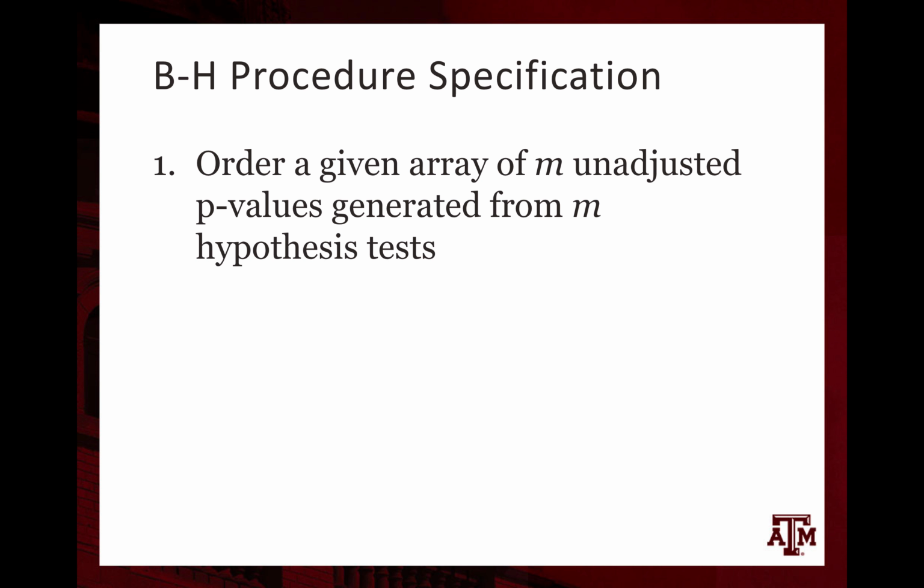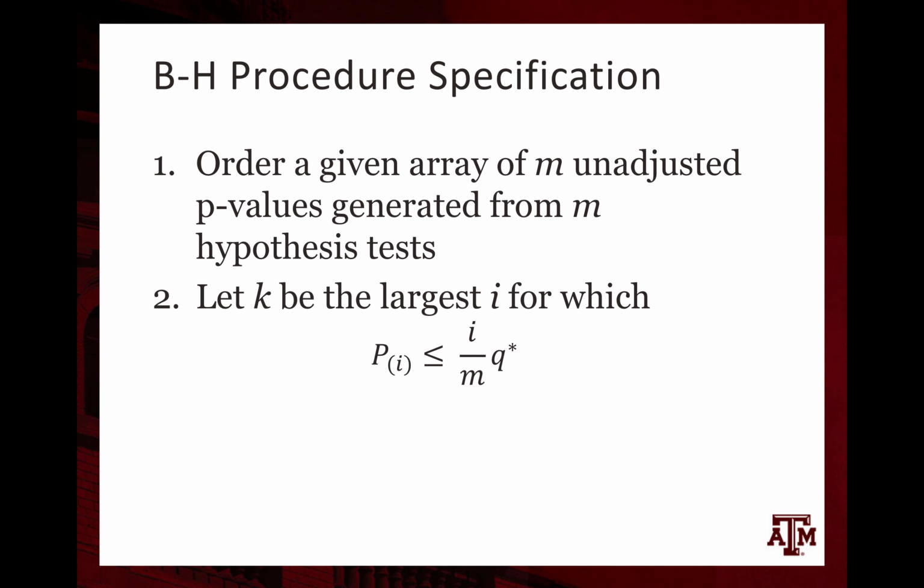So if we're given an array or vector of m unadjusted p-values generated from m different hypothesis tests, the first thing that we're going to do is order those in ascending fashion. This is known as linear step up. The next thing we're going to do is iterate over that array, and for each element in it, we're going to calculate this quantity on the right.